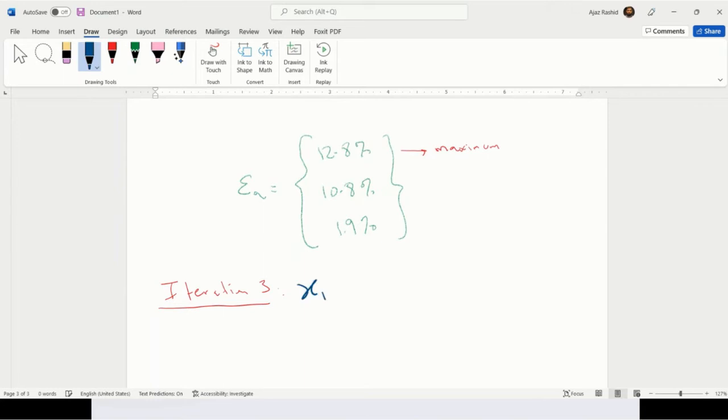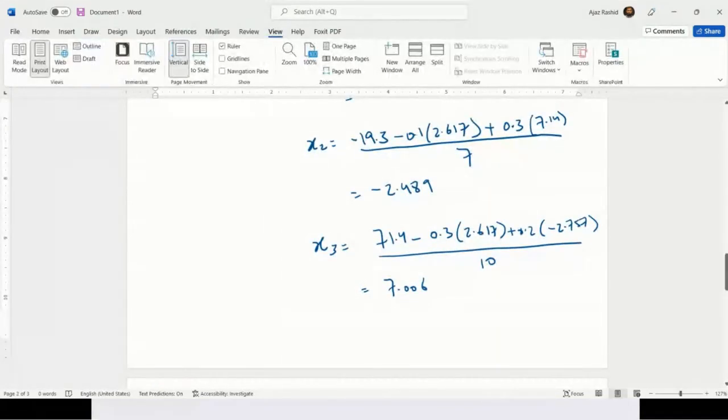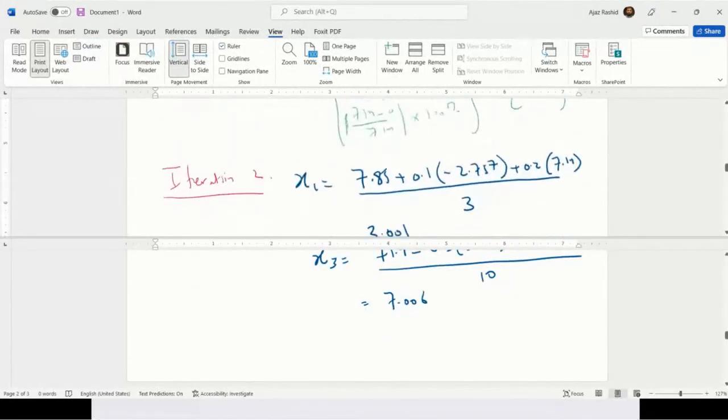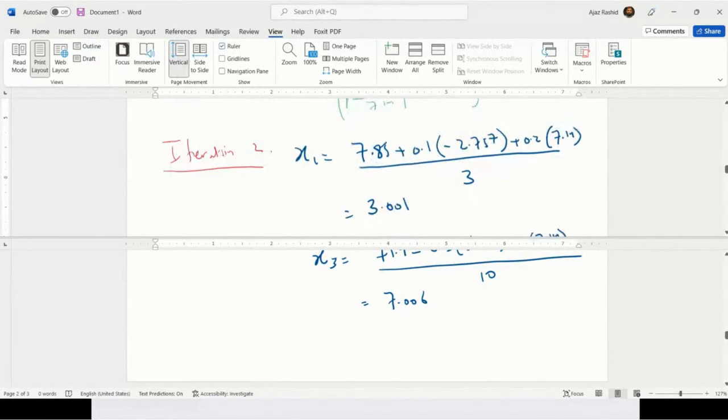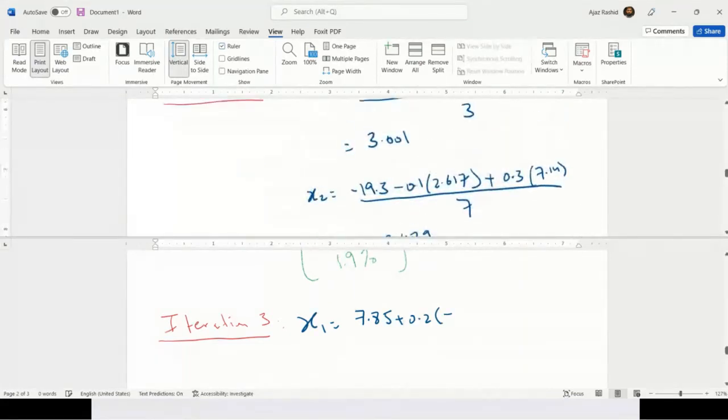So x1 is equal to, that's the equation for x1: 7.85 plus 0.1 into minus 2.489 plus 0.2 into 7.006.